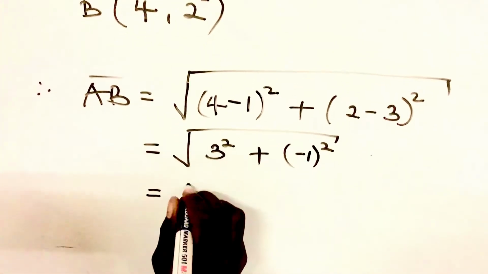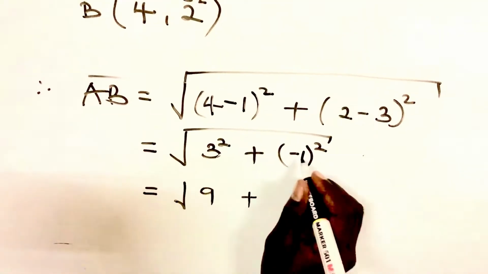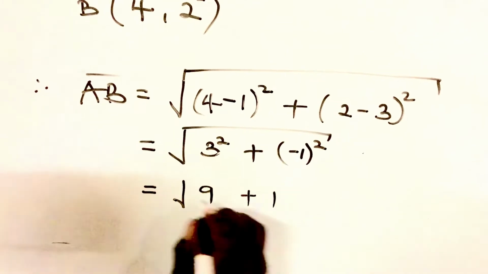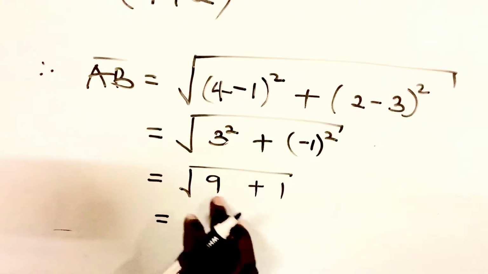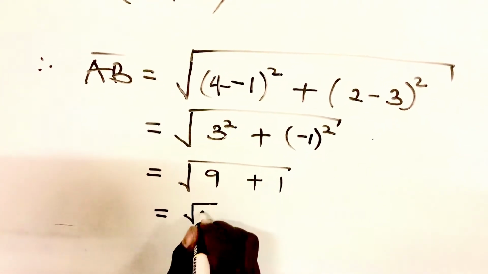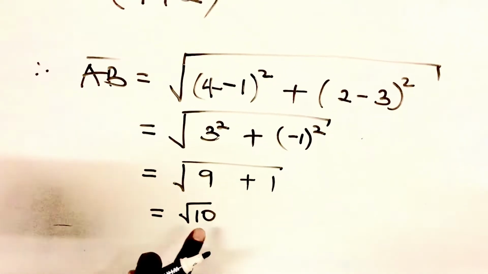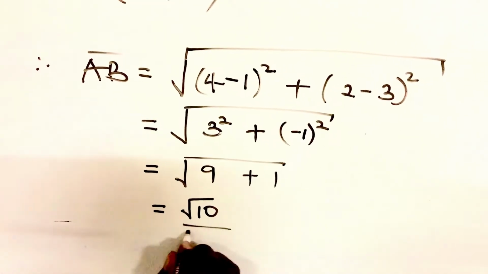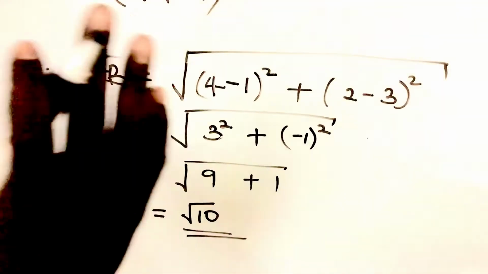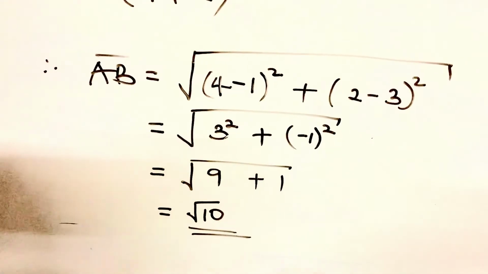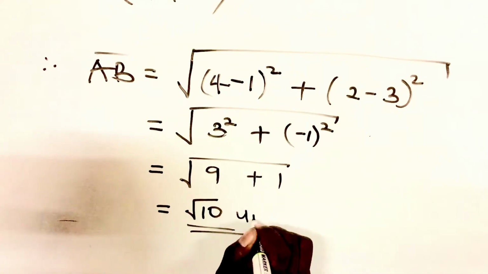This becomes the square root of 9 plus 1, which is the square root of 10. Since we can't find a definite square root of 10, we stop at that point, and this becomes our length. Since in this question we were not given the unit of the length, whether meters, inches, centimeters, etc., after getting our final answer, we just say units.